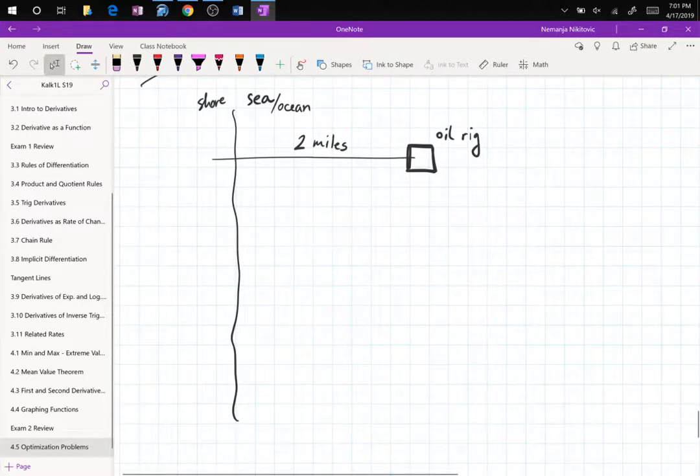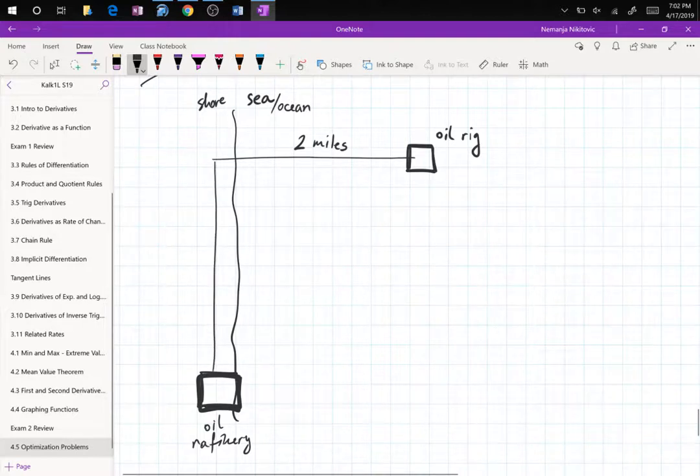Now, what I'm going to have is an oil refinery over here. And the oil needs to get in there. So I'm going to have this black route for pipes.